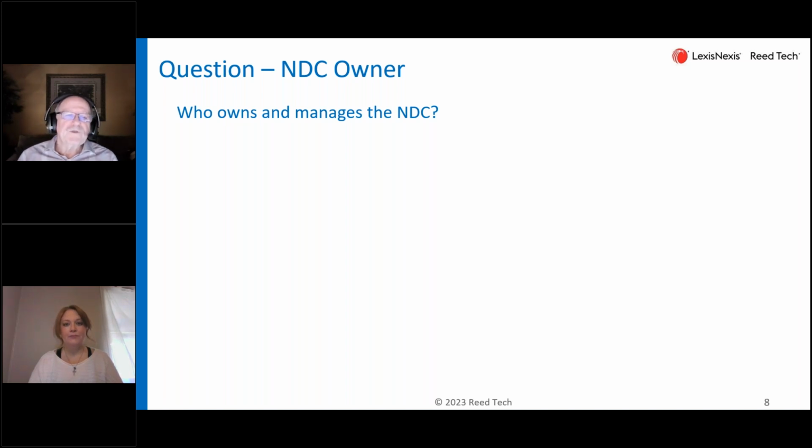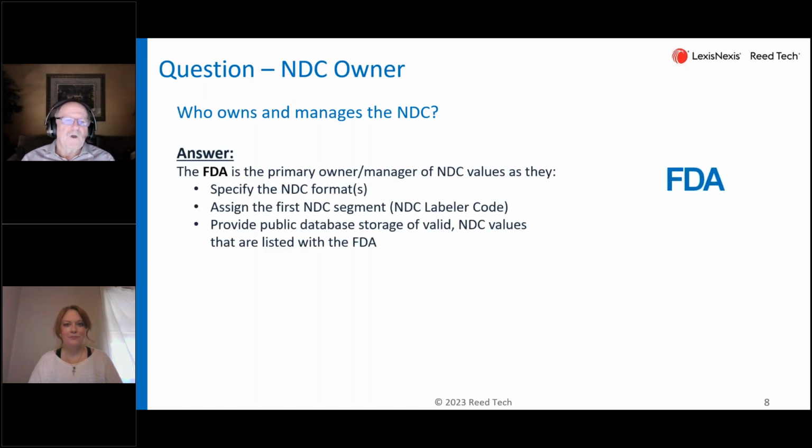Yeah, so I alluded a little bit to the FDA being the owner. They provide some primary functions and attributes of the National Drug Code. I would consider them like the primary owner and manager. They specify the format, how it's to be constructed. They are also responsible for assigning that first segment, the NDC labeler code, to organizations, and they do collect the information.